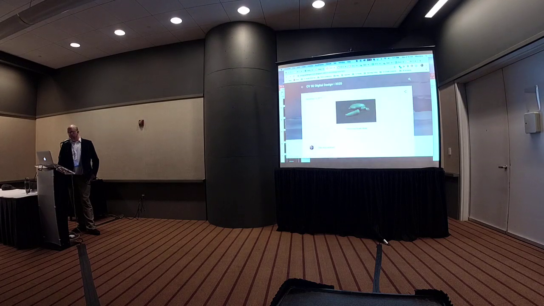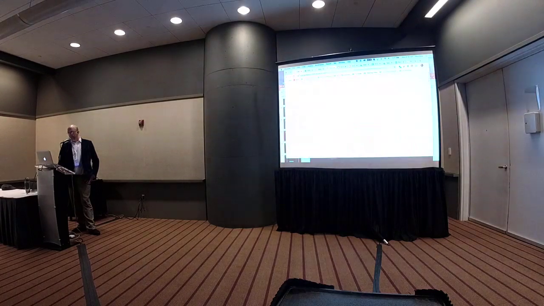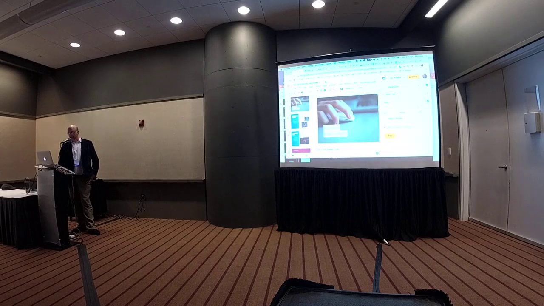So here's a student who designed a turtle, and here are some bond bites for that, and then he went and printed that. So just an example of a way that you can share out all of this with everybody. Everybody in the class can take a look at that.